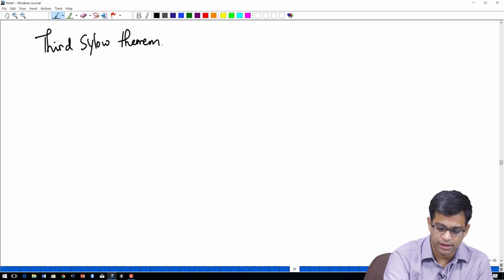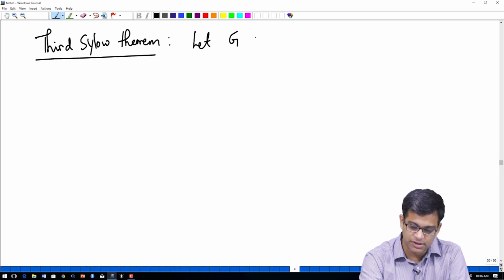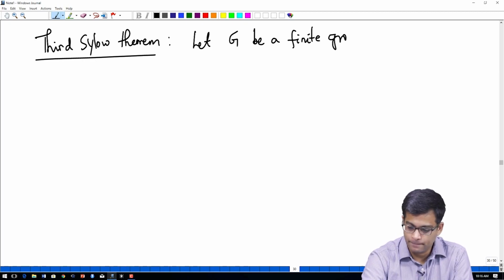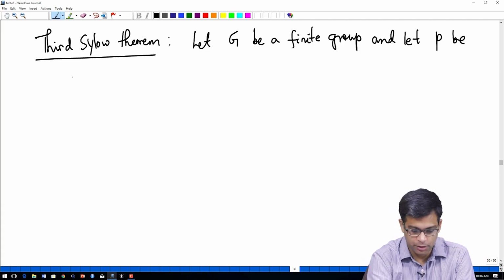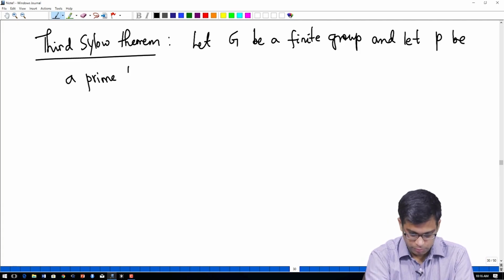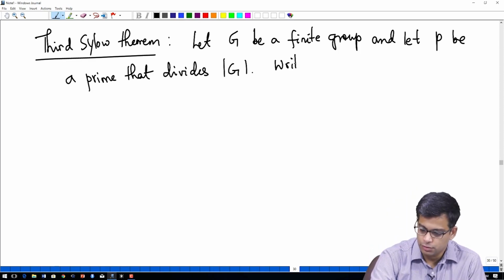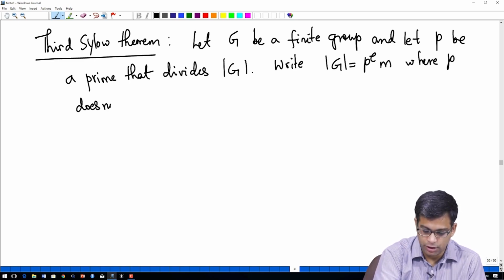So, let us prove this. Let us first state this. Let G be a finite group. The setup is as in the first two Sylow theorems. So, let G be a finite group and let p be a prime that divides the order of G. So, we write the order of G as p^e m, where p does not divide m.